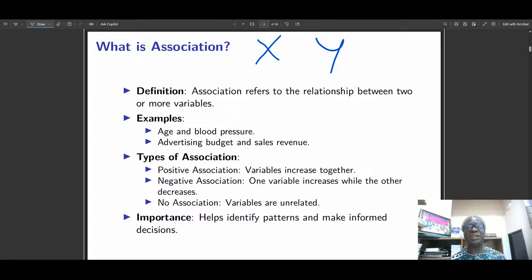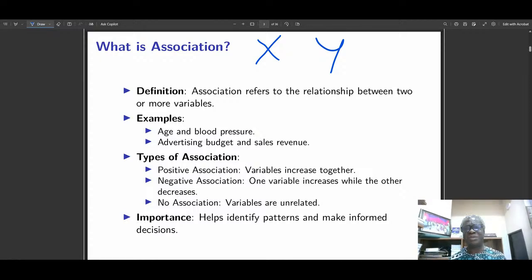And Y is the sales revenue. Is there any relationship between what your company spends on advertisement and revenue?